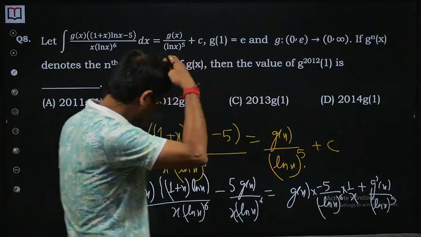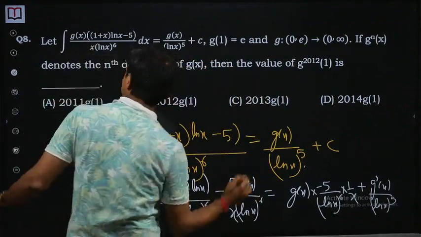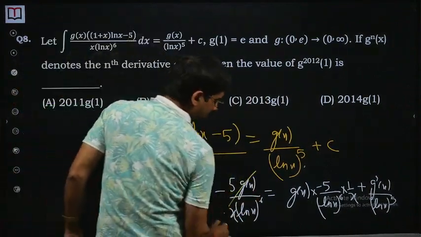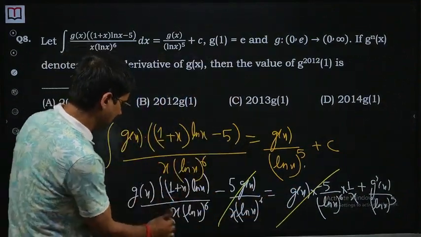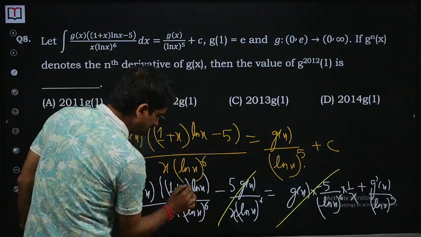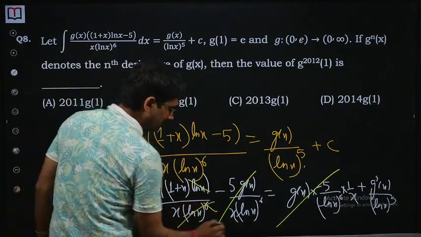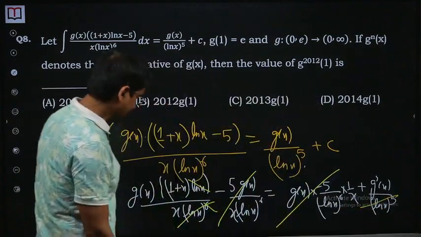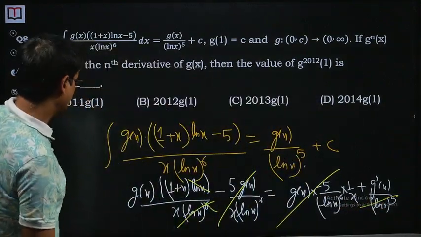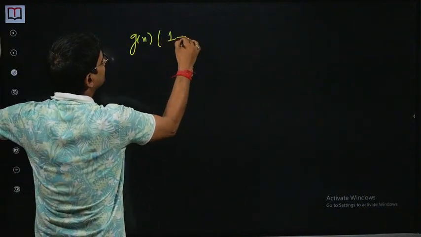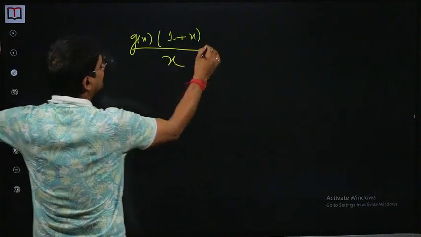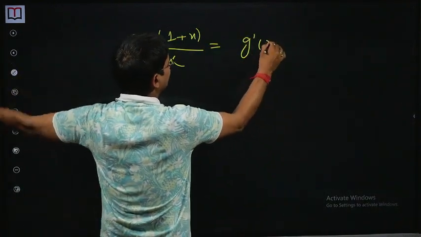So let's see what we get. That term is gone. And (ln x) to the power 5 is also gone. So what are we left with? We are left with g of x into (1 plus x) upon x is equal to g dash x, and that's it.